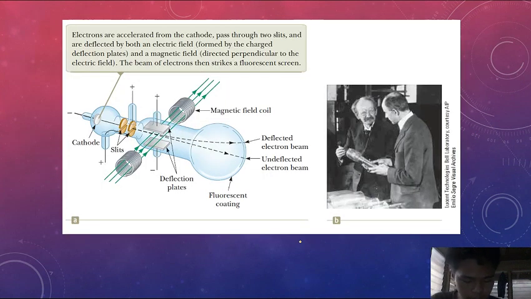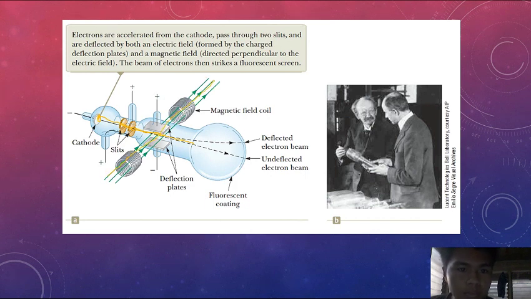So, this figure shows the apparatus that he used. We can see that the electrons are accelerated from the cathode through the two slits and are deflected by both electric fields.